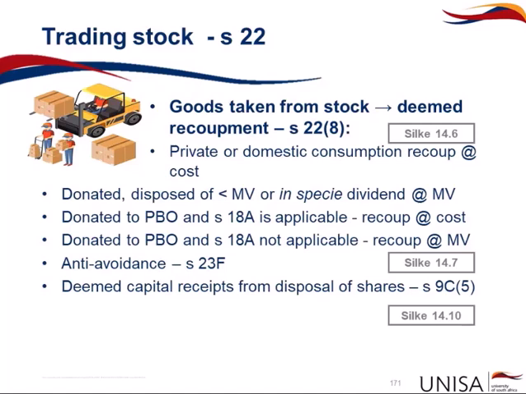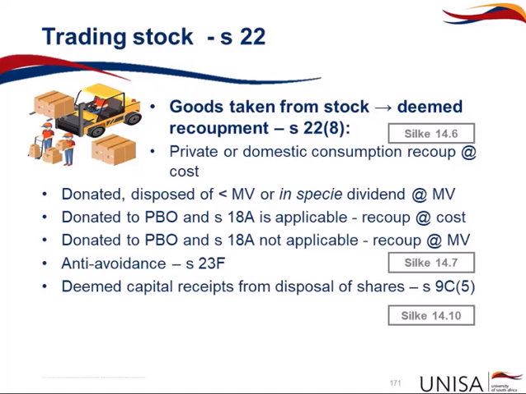However, if we were the manufacturer of the trading stock, so we manufactured the generators, and then we take a generator and use it in our business as a generator for when there are power interruptions, that capital asset will never be a capital asset.